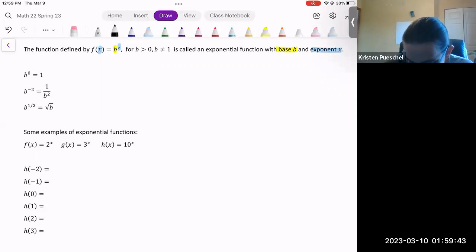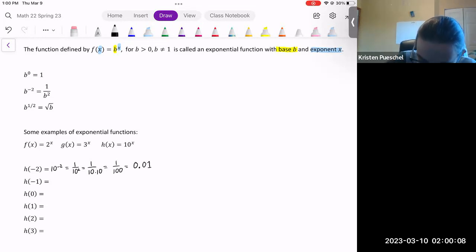This is going to be 10 to the -2, which means 1 over 10 squared. And remember, when we're taking powers like this, this means 1 over 10 times 10, or 1 over 100. Written as a decimal, this is 0.01.